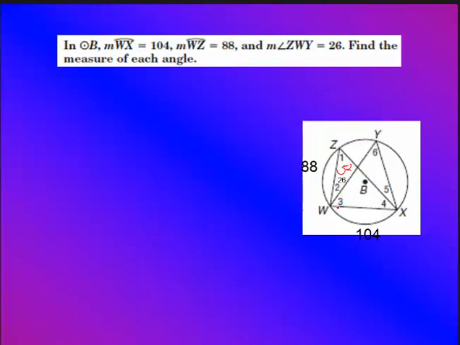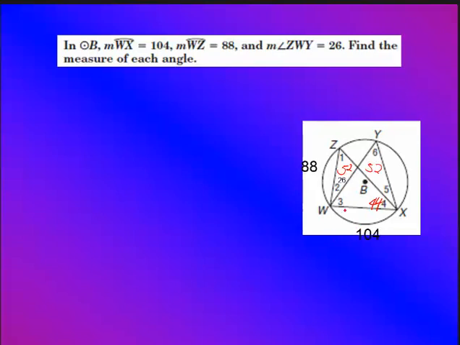Let's see, 3, we can't directly find that out yet. 4 we can find out because it intercepts this 88, so that's going to be 44. 5 we can't find yet. 6 also intercepts the same WX, so it's half of 104, which is 52.